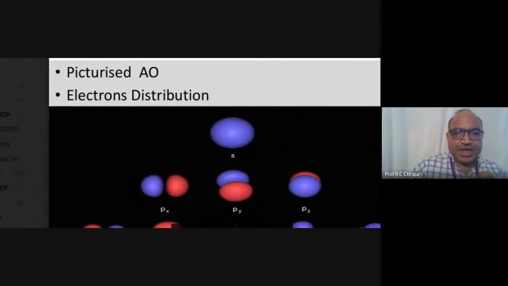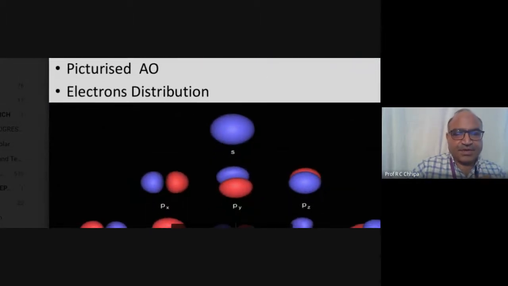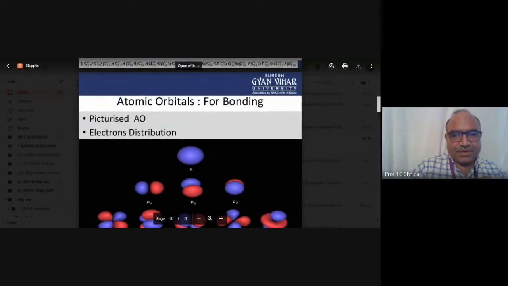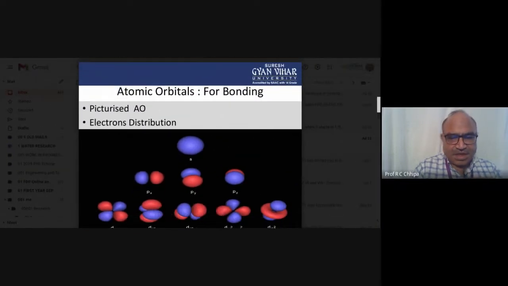Now, here are some of the pictures of electron distribution. All of you can see the different special pictures. What are those? Here is the special picture of the atomic orbitals.